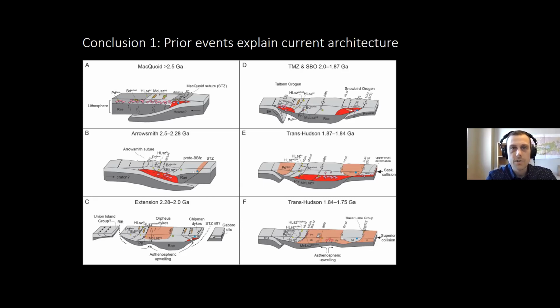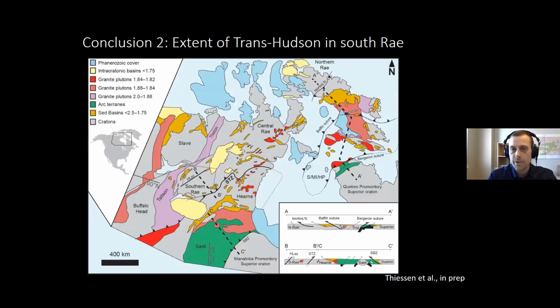The second conclusion is something I haven't actually talked about yet, but the more well-studied northern segment of the Trans-Hudson, from the Quebec or Ungava promontory of the Superior Craton, has across-strike effects into Baffin Island known for at least 800 kilometers across strike.